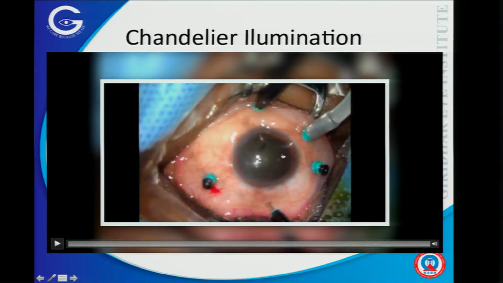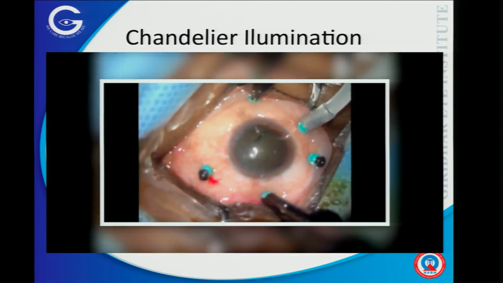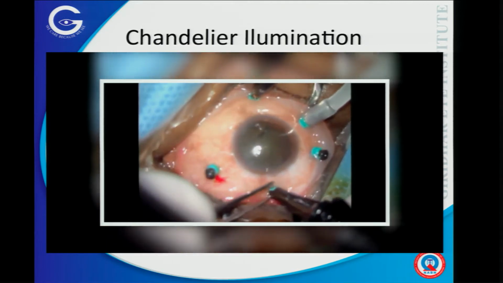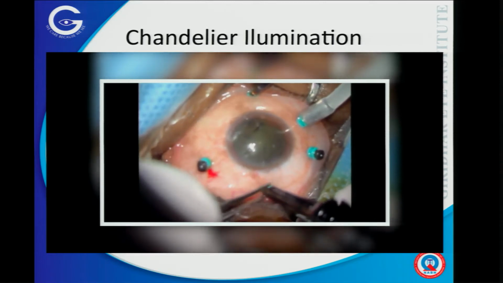I don't push the chandelier in on both sides. I keep the chandelier inferiorly and keep the other port closed superiorly, so that whenever you want, you can just lift it and put it there, which makes surgery much easier. Sometimes I have done dual chandelier also on either side when we need more dissection and better illumination.